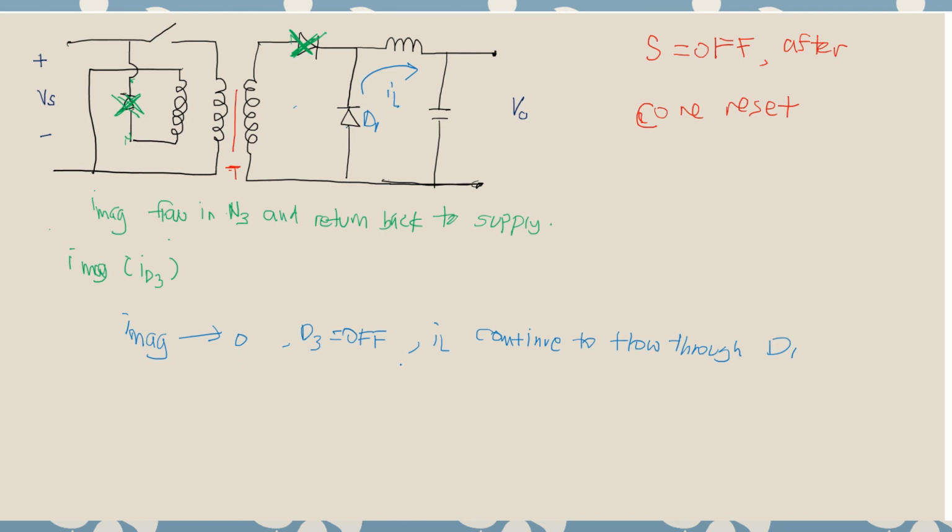So we can say that ID1 equals IL, and of course ID2 is 0. In short form we can say the dIL over dt is negative VR over L. This is for the gradient of IL.